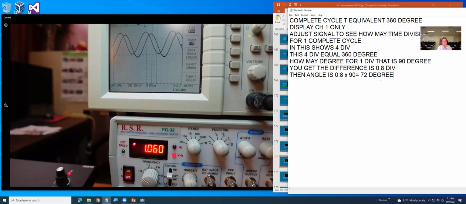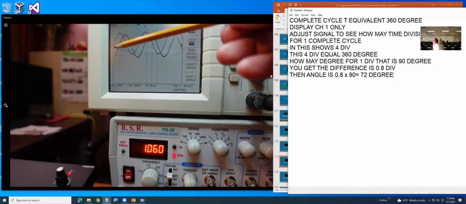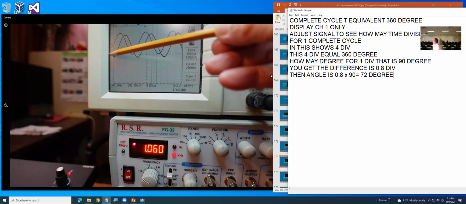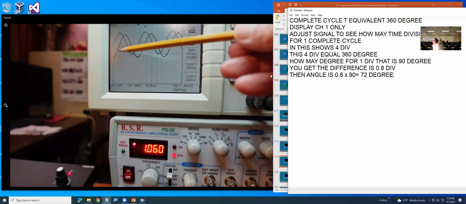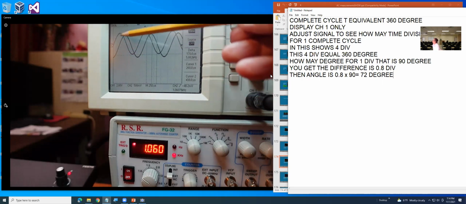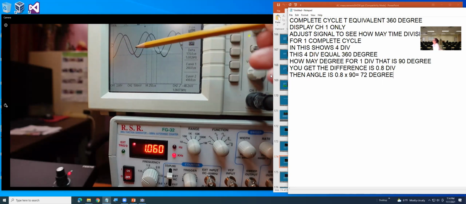Okay, the last one. Which one will be leading, channel 1 or channel 2? Looks like channel 1 is leading and channel 2 is lagging. Exactly. You see that channel 1 goes up before the second one, so it will be leading, leading by 72 degrees.